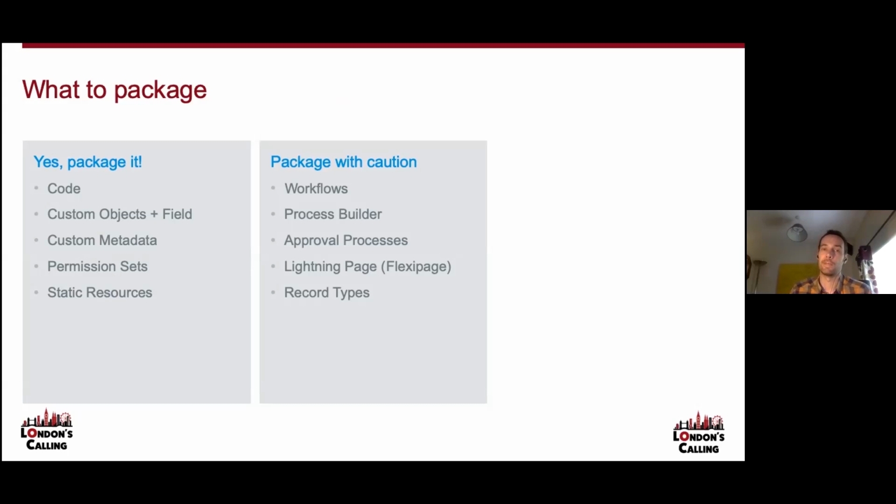We've used record types in another customer and had difficulty building and installing packages. So part of the message there is that, yes, unlocked packaging is quite stable for the package-it list, but on some other items you might run into some problems, and those problems may go away as they develop the tooling more.